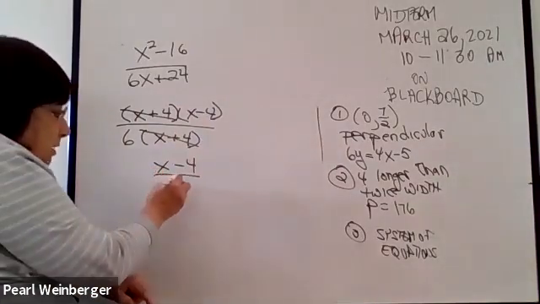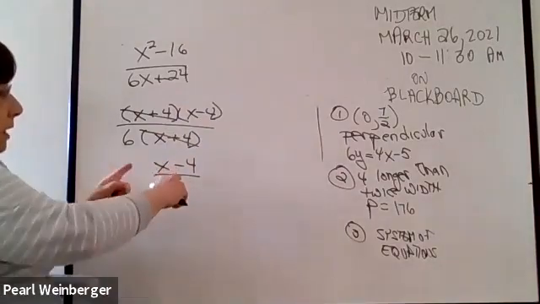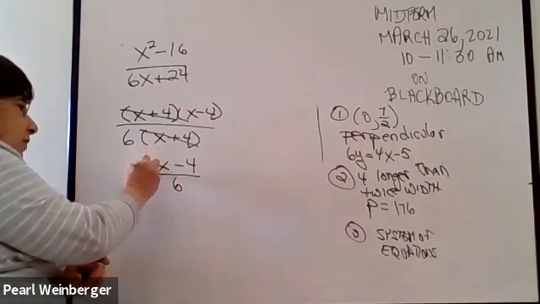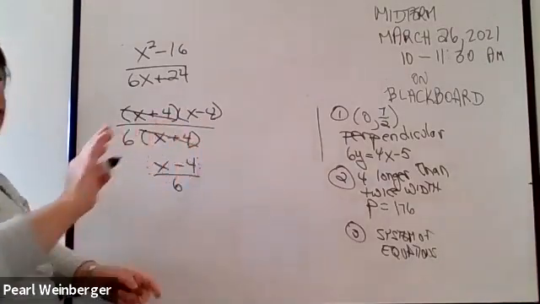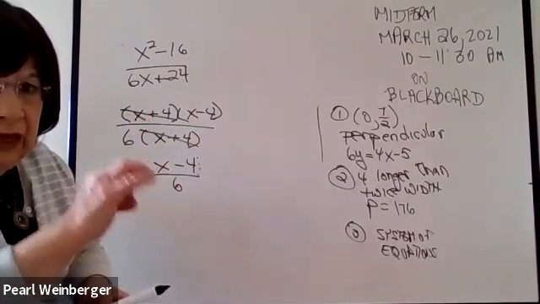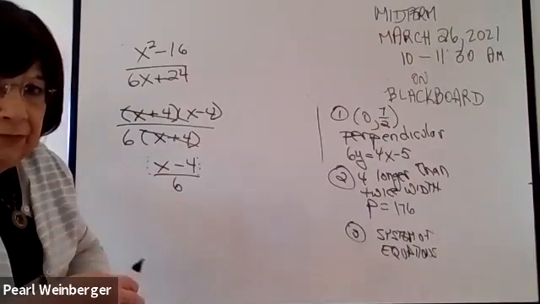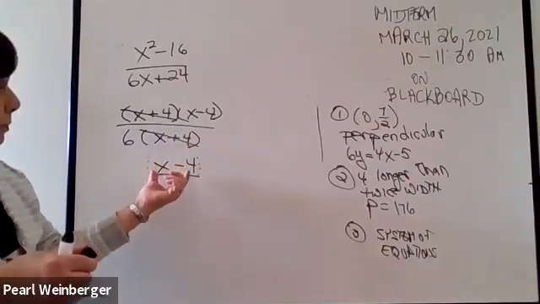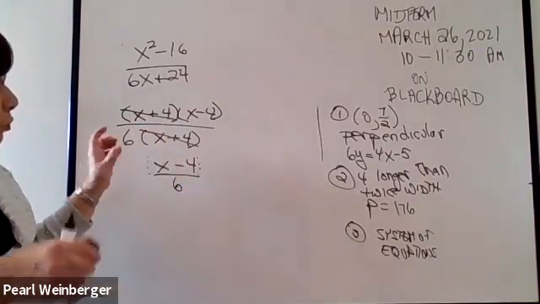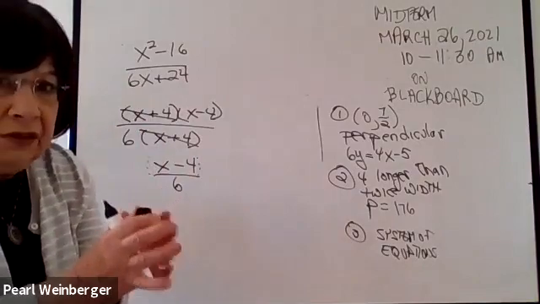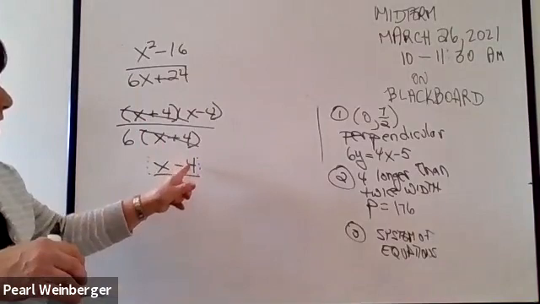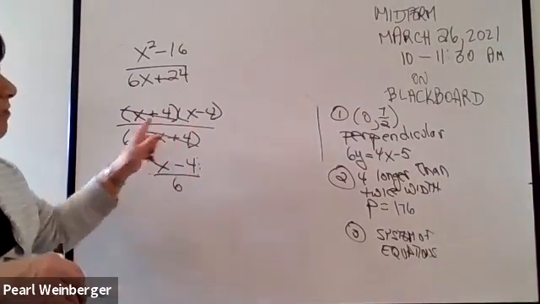Now here's something you're going to see. This binomial really is as if it's in parentheses. When you only have a single binomial in either your numerator or denominator, you don't have to put the parentheses. But remember, this x minus 4 is as if it's in parentheses, which means it's a single unit. I can't deal with the 4 and the 6. The 4 is not a factor.